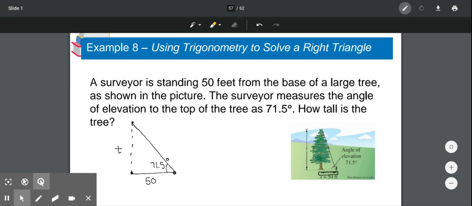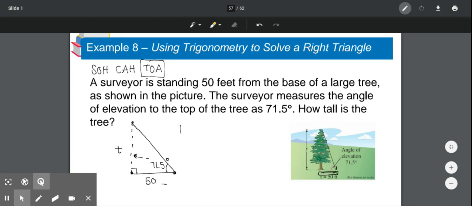So we have to think about, again, we're going to assume that the tree is at a right angle. And so we're going to use our SOHCAHTOA, our right triangle ratios. Okay, so if we have an angle, we want to find the side opposite, but we have the side adjacent. So if you look, the tangent uses the opposite and the adjacent.